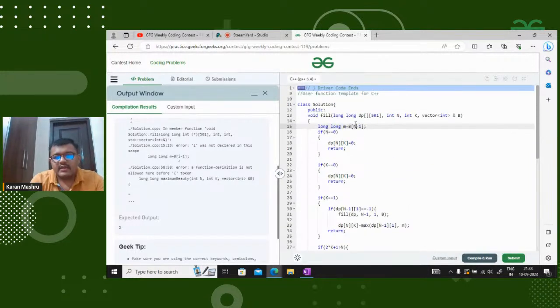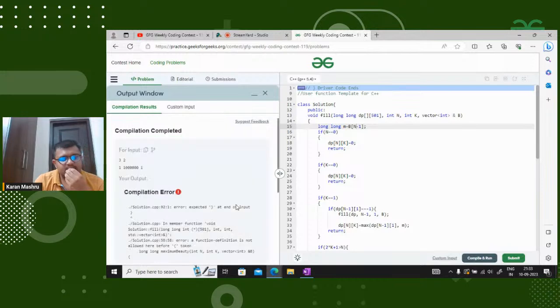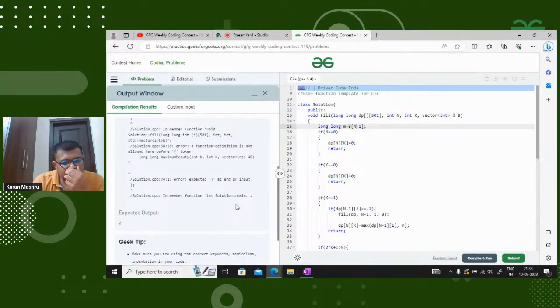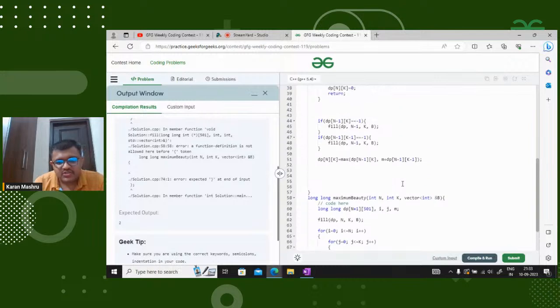Okay, n minus 1. Expected at the end of input in member function int.